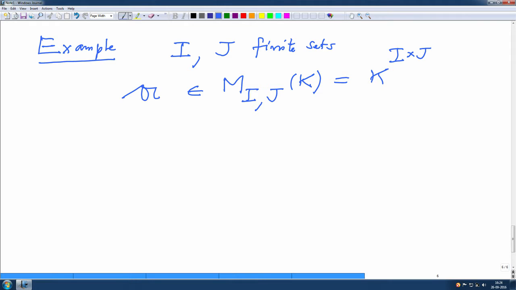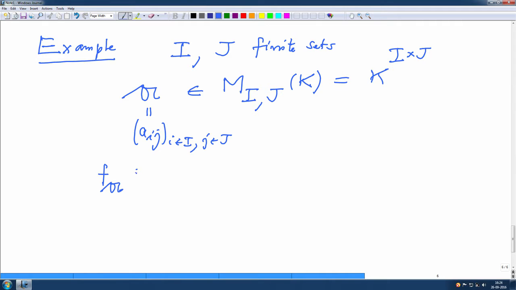This is a matrix, and let us write its entries as A_ij. I want to think of this as a linear map. So I want to define a linear map f; this f will depend on this matrix A, so I will write f_A.